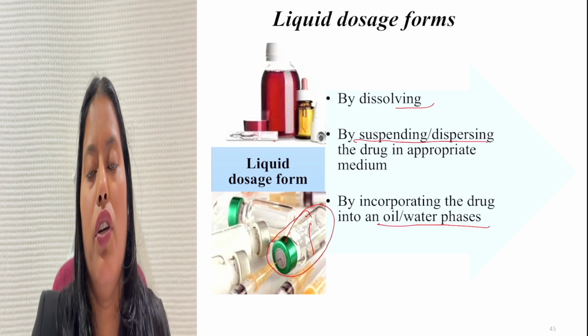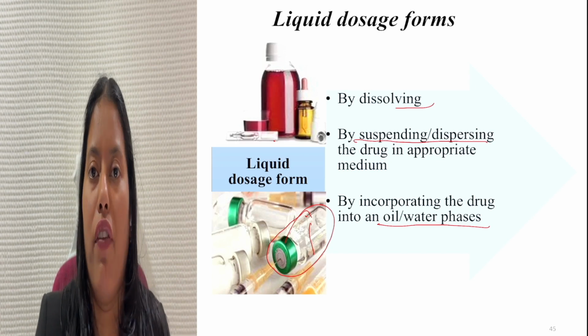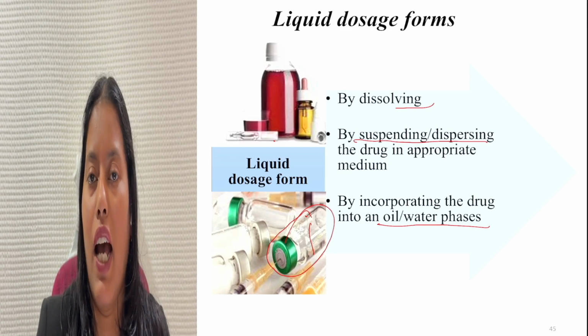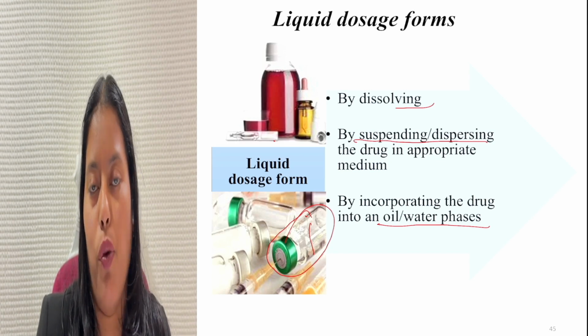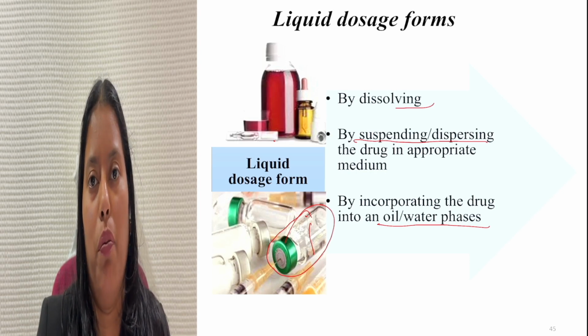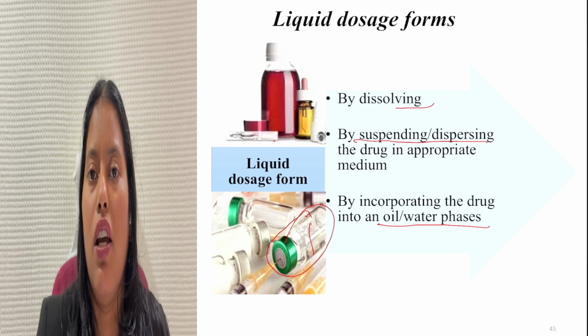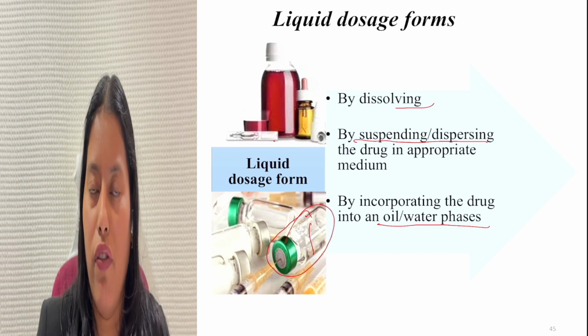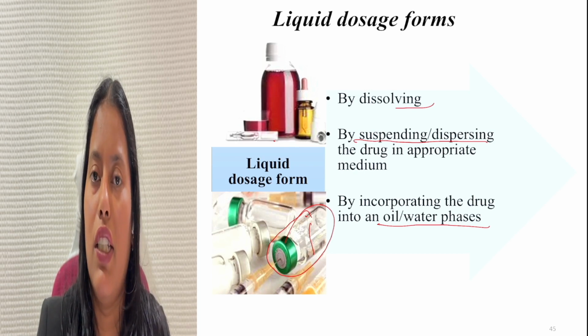Now, this liquid dosage form is prepared by dissolving, dispersing or suspending, or by emulsification. If your drug has good solubility, you can formulate it as a liquid dosage form. Based upon the solubility of the drug and other excipients, you can dissolve it in a suitable solvent or vehicle and give it as a solution.